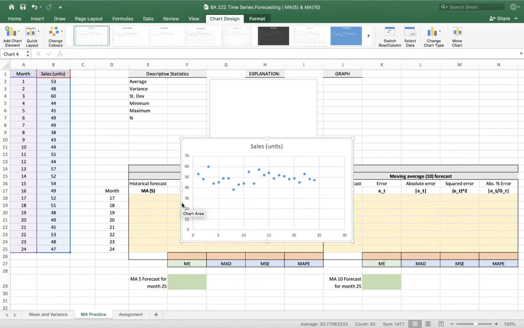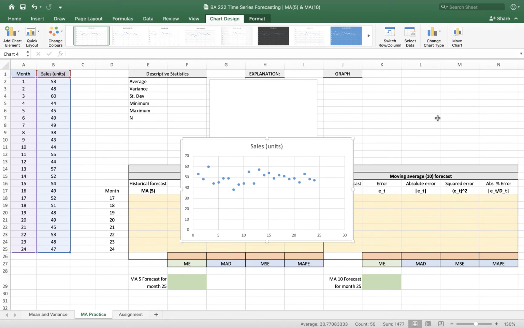When we look at our sales, we can see that there's a somewhat random and non-predictable pattern. That means that sales have been not necessarily consistent, but they aren't growing. We don't have a product that has seen a growing level of demand over time, nor one that has a declining level of demand over time.